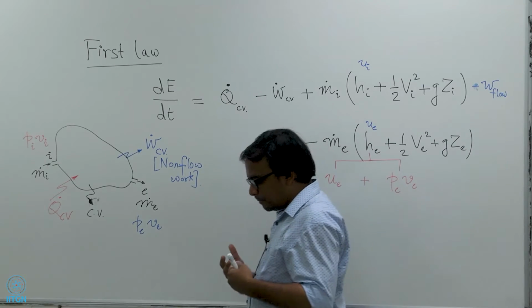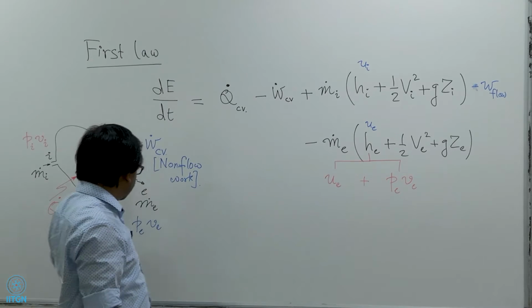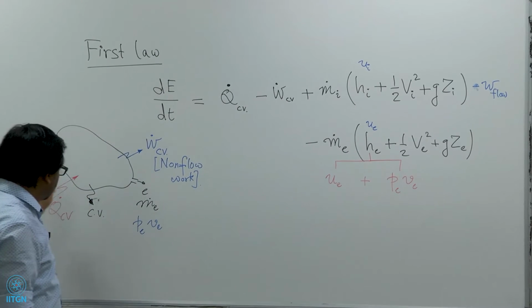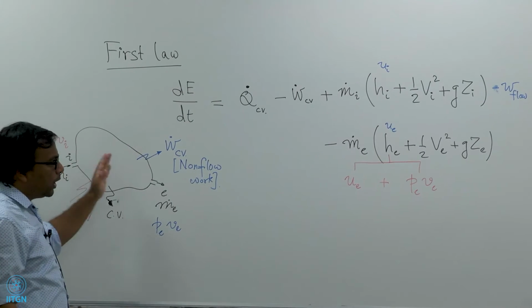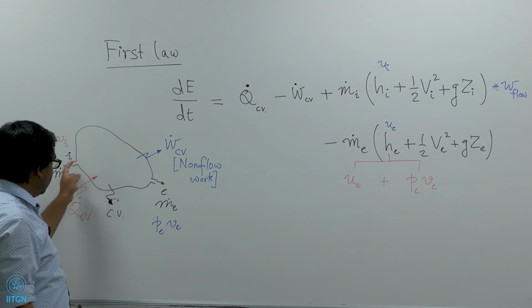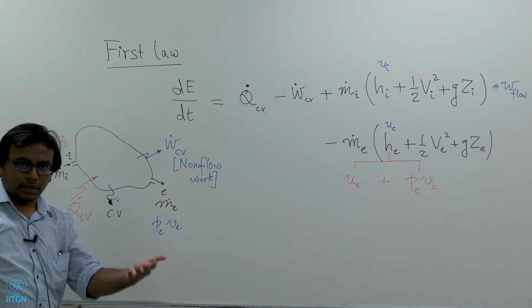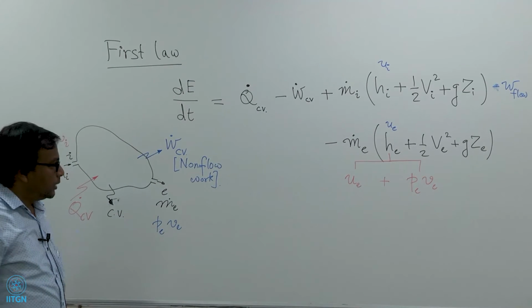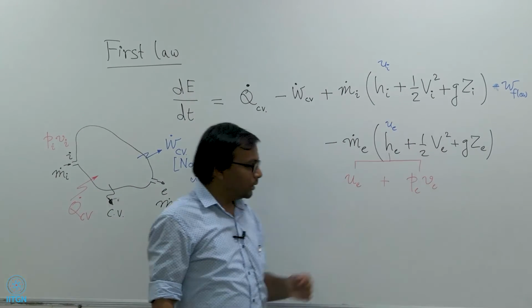And so, one way to visualize this is that since there is a constant inflow and outflow, to sustain the flow you have to continuously do work, and the work that you are doing on the control volume at the inlet is coming into the control volume as part of the flow energy, right.